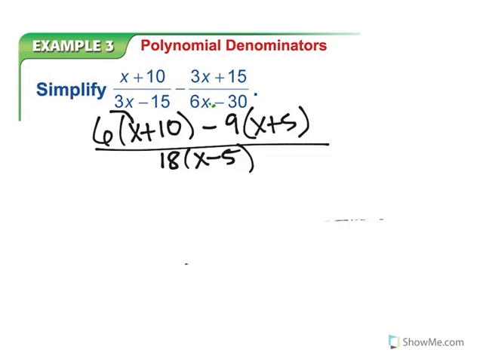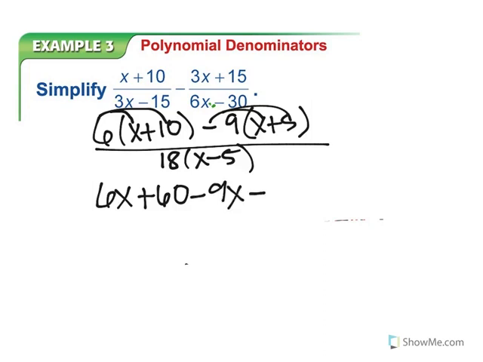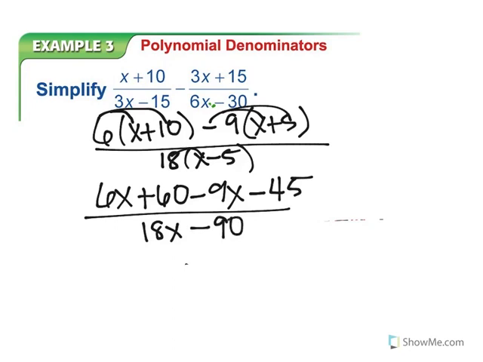From here, I'm going to go ahead and distribute so I can combine like terms. So 6 times x, 6 times 10 gives us 60. Negative 9 times x is negative 9x. And then negative 9 times positive 5 is negative 45. On the bottom, we have 18x, times, let's see, 18 times negative 5 gives us negative 90.